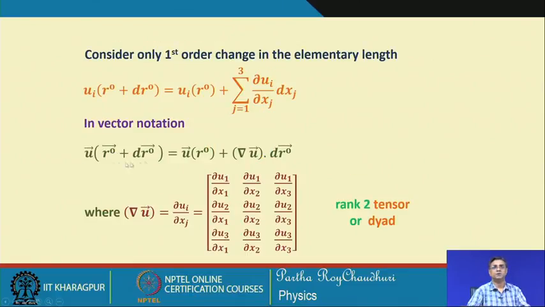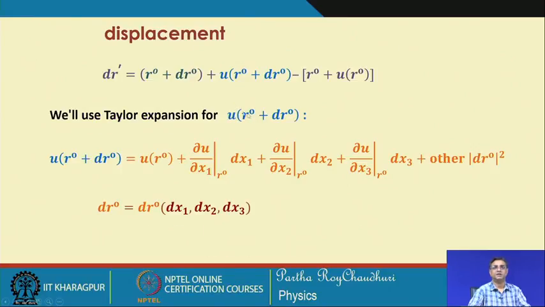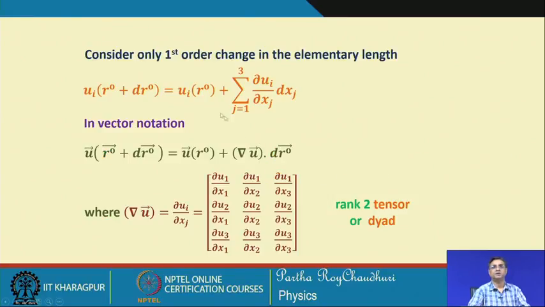This expansion can be written in the compact form, retaining up to 3 terms, that u of r 0 plus d r 0 equals u i of r 0 plus this, and then the sum of these terms.